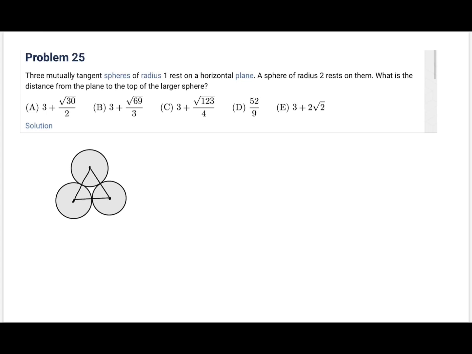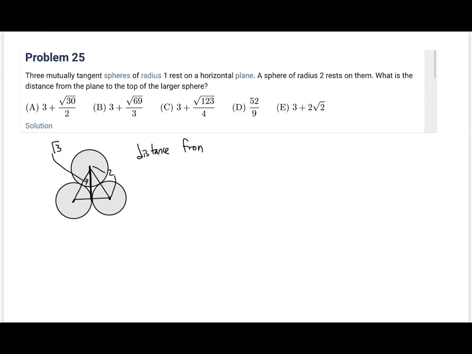This is a straight line. Okay, and so we would be able to say that this is 2 because there are 2 radii of 1, and this is 1 because the radius is 1, and so this would be root 3, right?